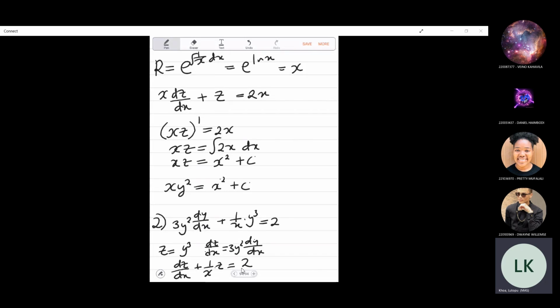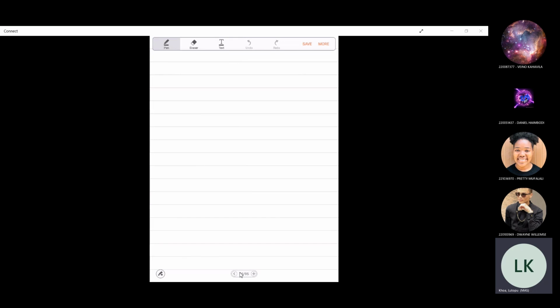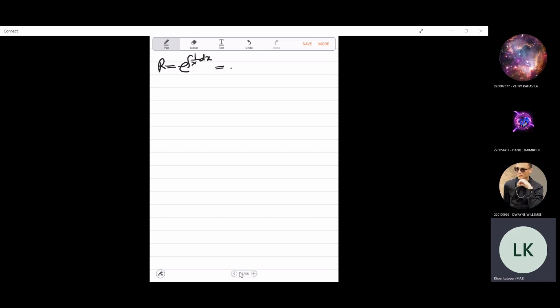And then we have reduced it to a linear differential equation. And then we just need our integration factor, and then we will be able to solve it. So again, our integration factor is e to the power of the integral of 1 over x dx, which is e to the power of ln of x, which is x.